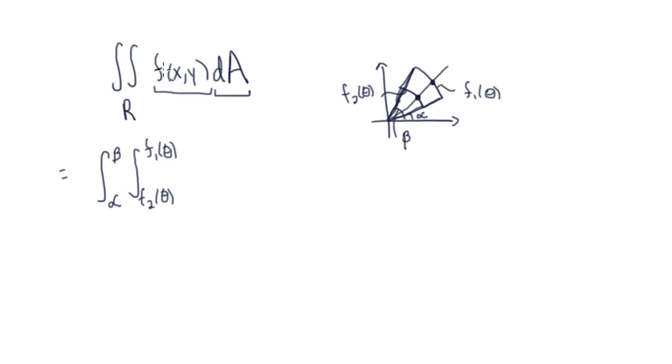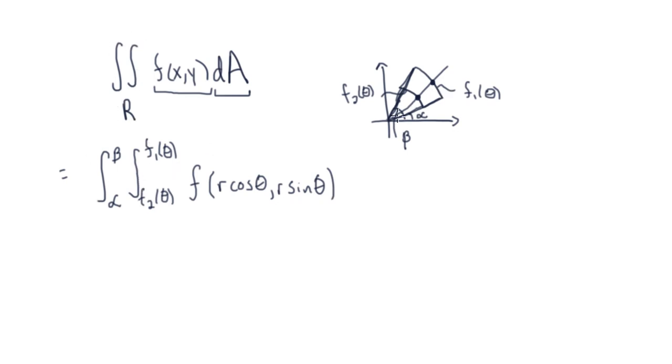All right, and then what do we do with the function f? Well, we can't leave it in terms of x and y because we're changing to the variables r and theta. So what I need to do is, instead of putting x, put r cosine theta, because that's what x is. And then for y, I need to put r sine theta. So I've redescribed the region in terms of polar coordinates.